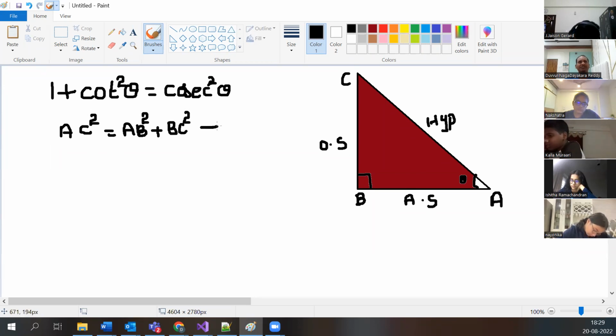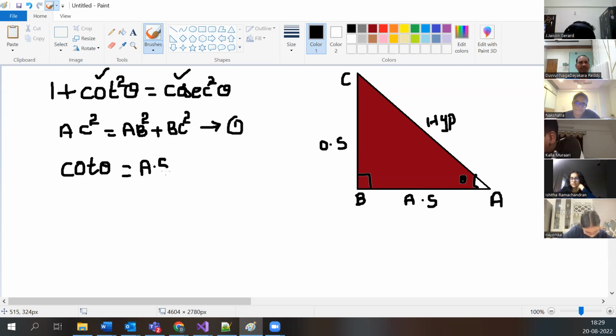What trigonometric ratios are involved over here? One is cot theta, cot square theta, cosecant square theta. So what is the definition of cot theta? Cot theta equal to adjacent side by opposite side. From the diagram, what is meant by adjacent side here? AB. Then the opposite side is BC.